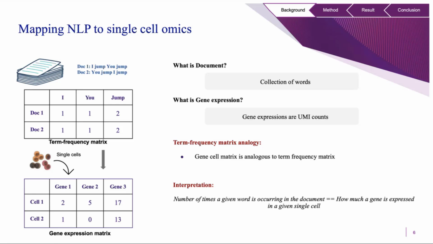It is similar in document 2, but the two sentences are very different when it comes to that. So we drew a parallel to single cell data, where we have considered that each cell represents a document, and the expression of the genes is the frequency of that word or gene to be expressed in that cell.